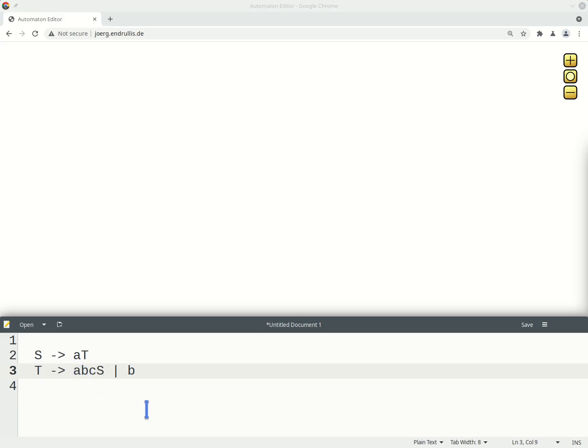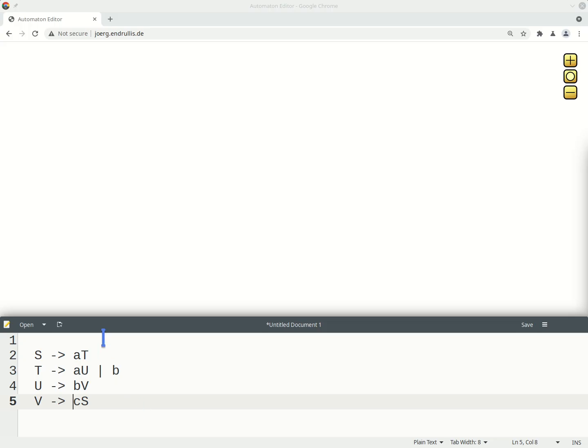We introduce a fresh variable, let's call it u, and we say that u rewrites to this. Now this is still not strictly right linear, we need still one more split. Let's call the variable v, and v rewrites to this. Okay. Now we have a strictly right linear grammar, and we can translate this into an automaton.